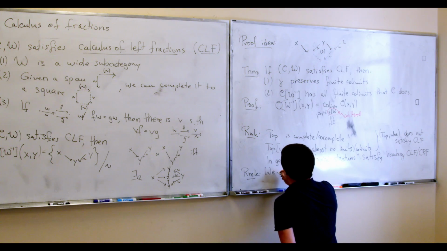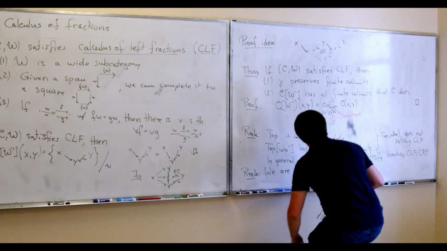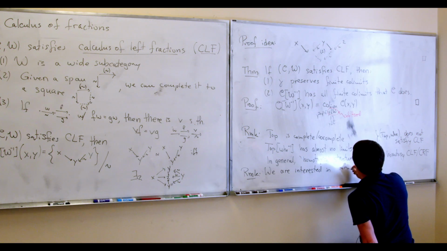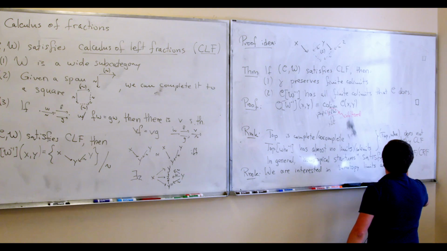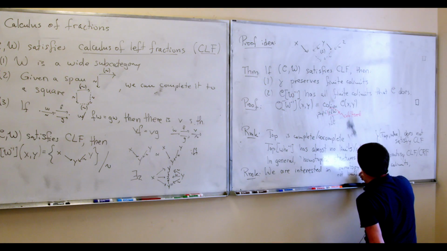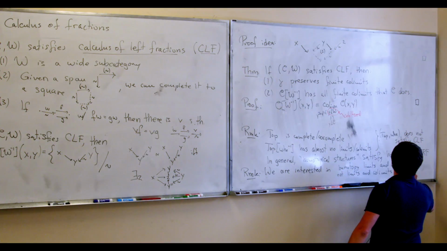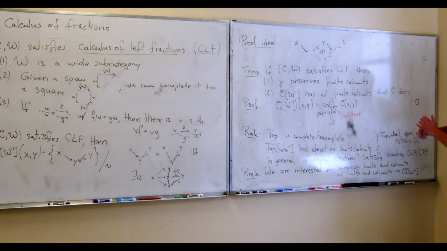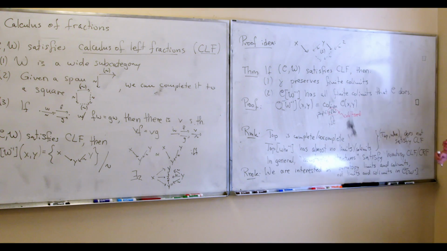We are interested in homotopy limits or colimits, not limits and colimits in C[W^-1]. Okay, so that's kind of my beef with this result, even though I think the theory is actually very beautiful.